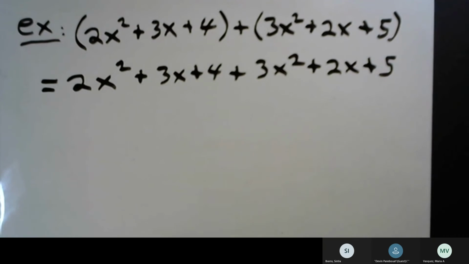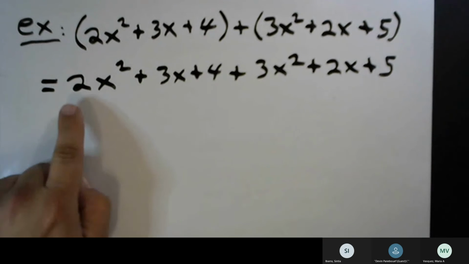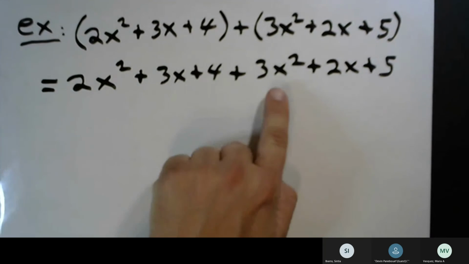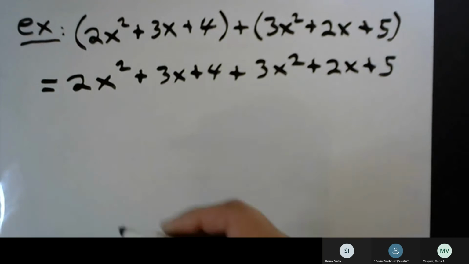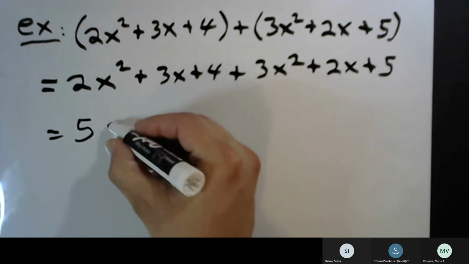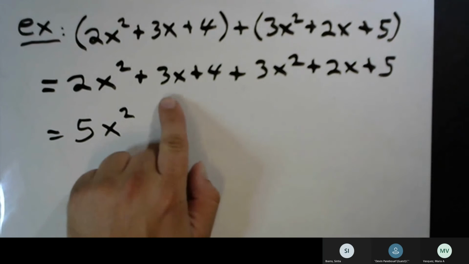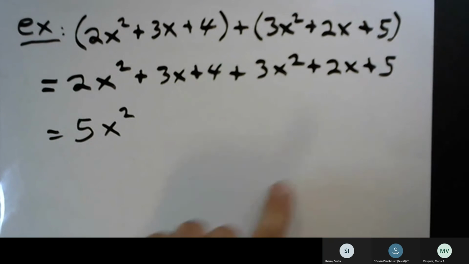So what we're going to do now, we're going to combine like terms. So we have a type x squared and a type x squared. There's 2x squareds. There's 3x squareds. So that's going to become 5x squareds. Then we have a 3x and a 2x.